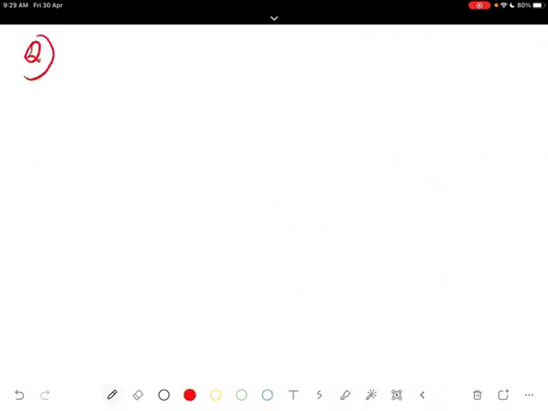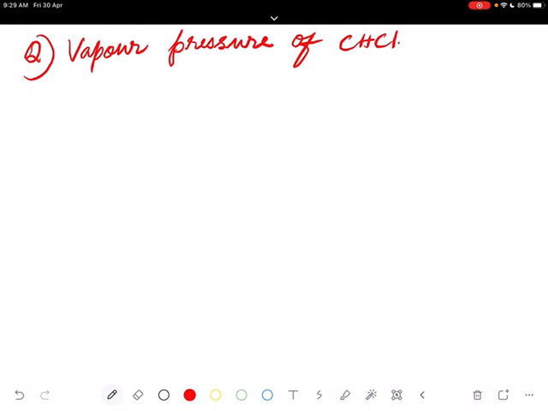Question: vapor pressure of CHCl3 and CH2Cl2.